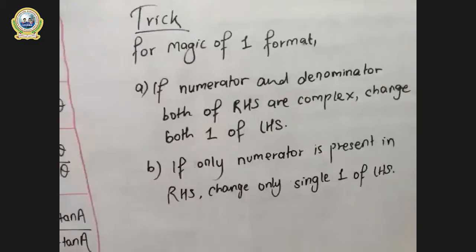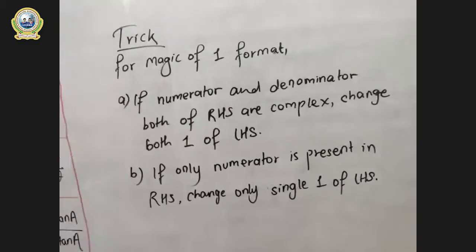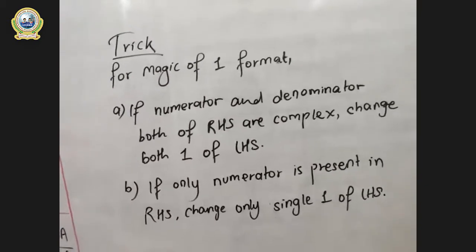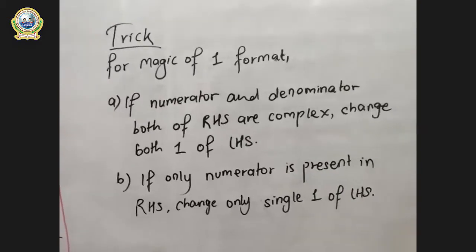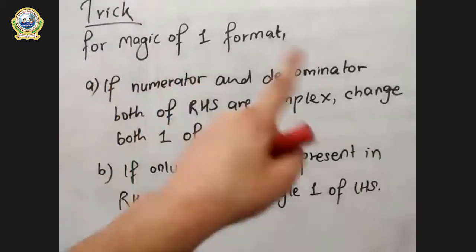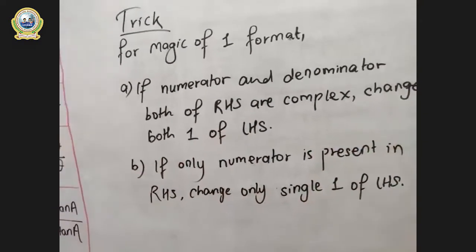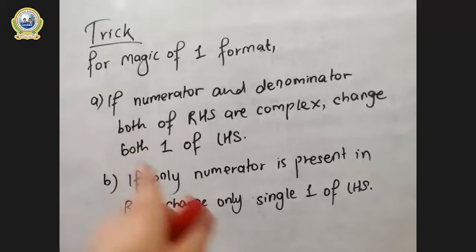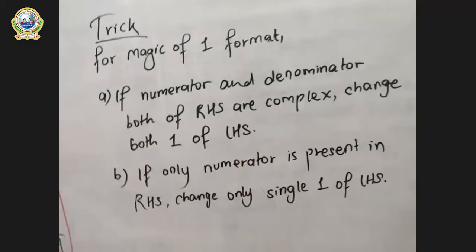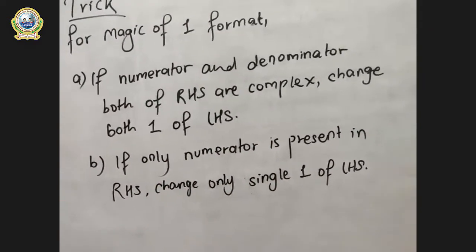This is our trick, and with this trick, you can solve any question of the magic of one format. The trick says, if numerator and denominator both of RHS are complex, change both ones of LHS. And if only the numerator is present in RHS, change only the single one of LHS.